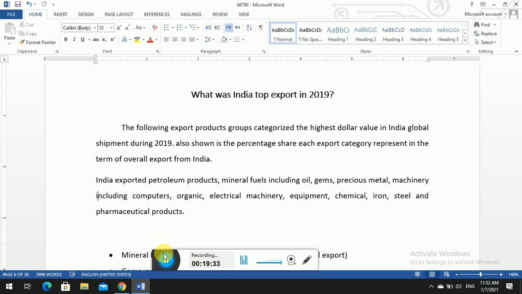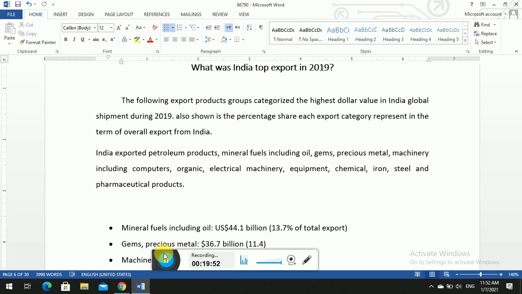of the textile industry. The following export product groups are categorized by the highest dollar value in India's global shipments during 2019. Also shown is the percentage share each export category represents in terms of overall exports from India.